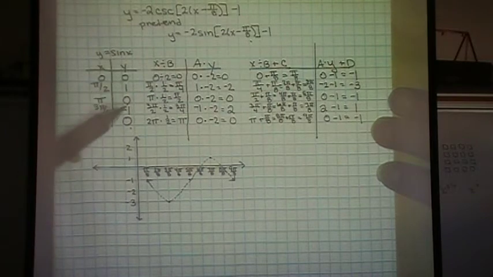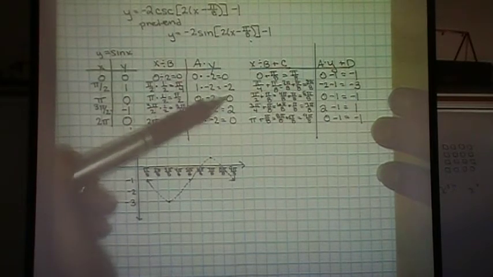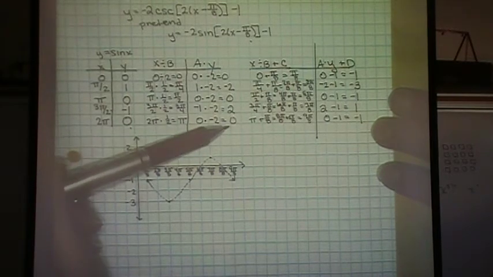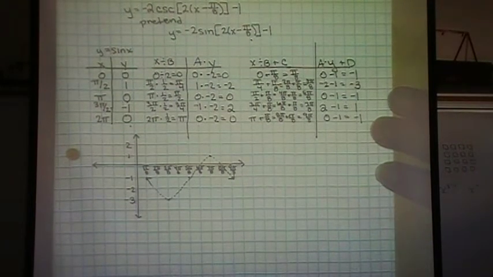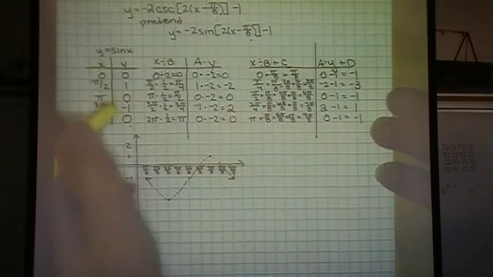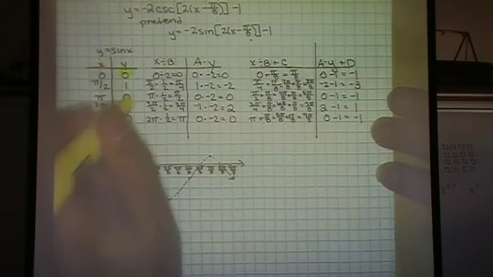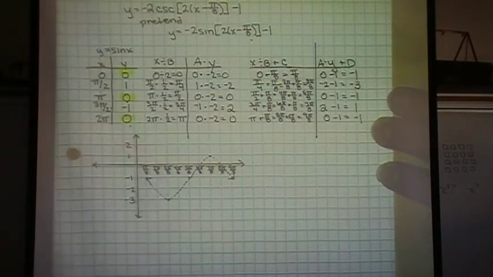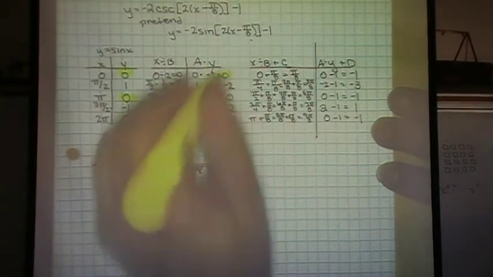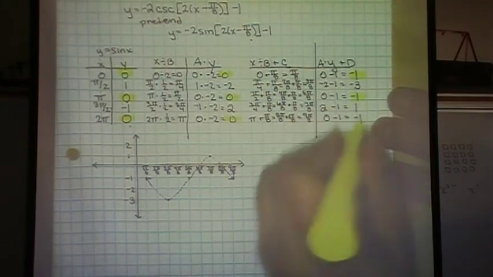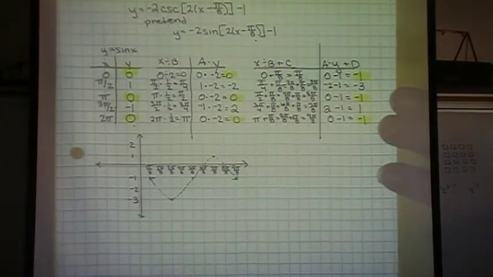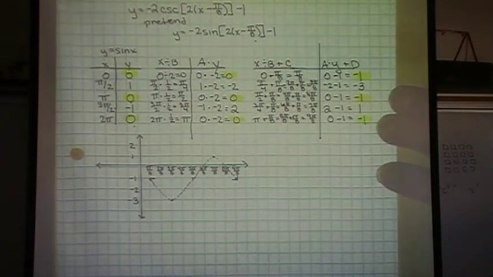Where all my zeros were are my undefined values. It doesn't matter that there are numbers here, it just continues all the way through.